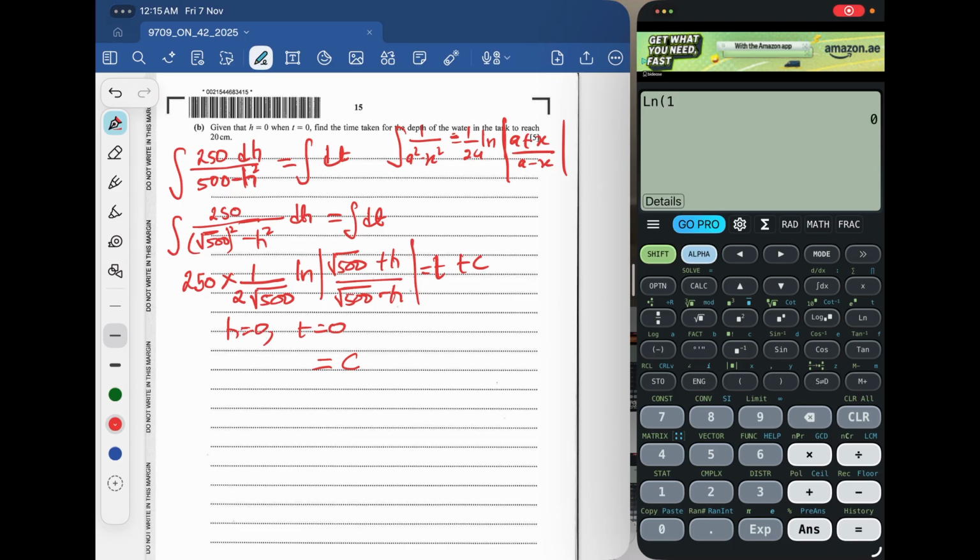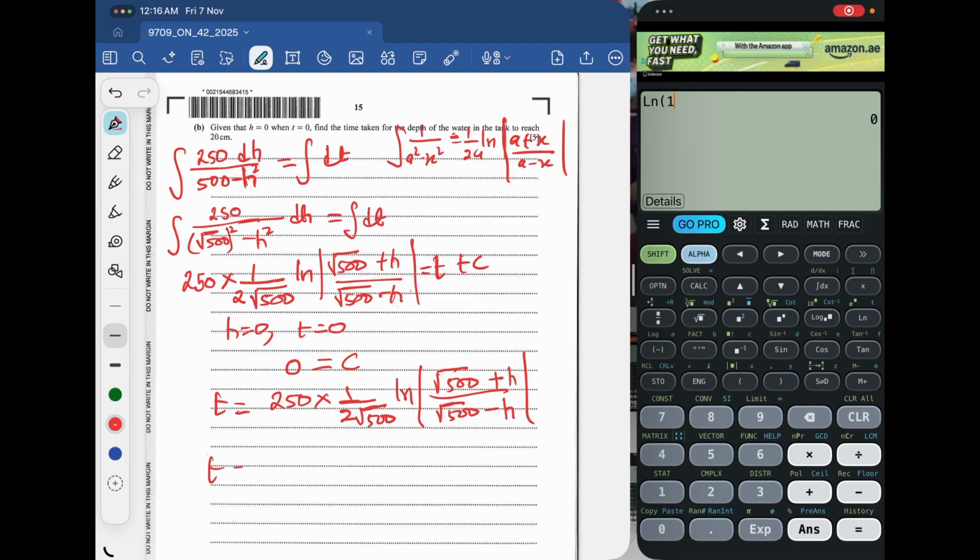So c is 0. So my t is just 250 times 1 over 2 times the square root of 500, ln of square root of 500 plus h over square root of 500 minus h.